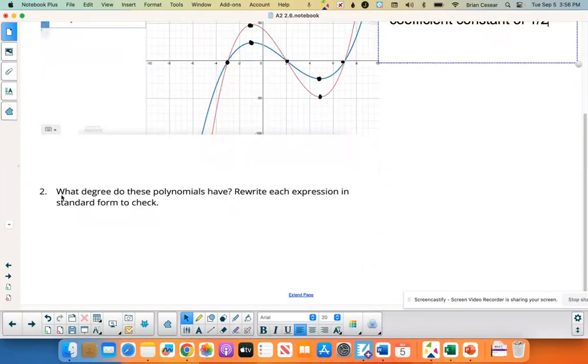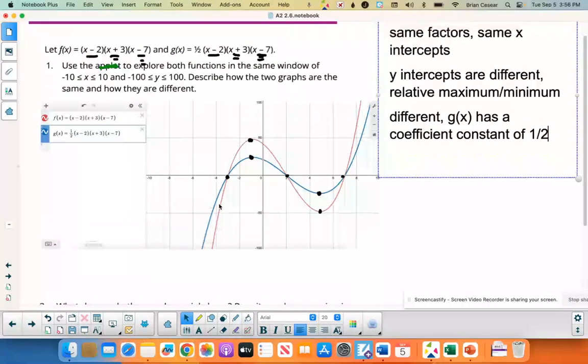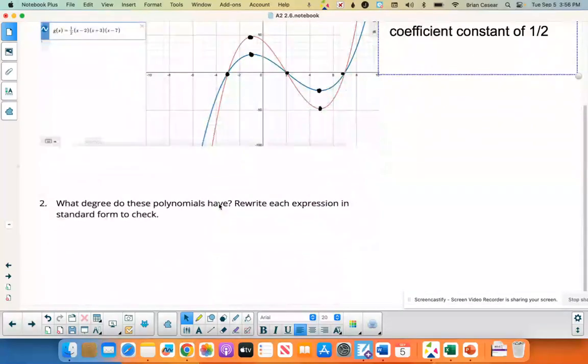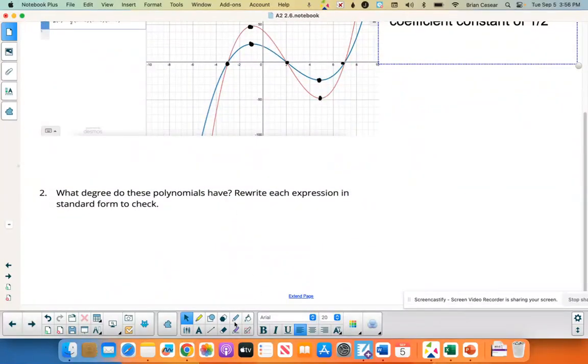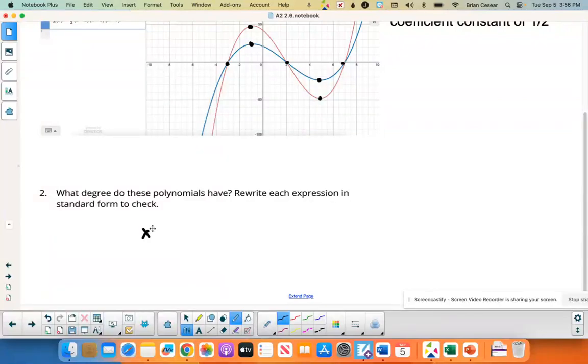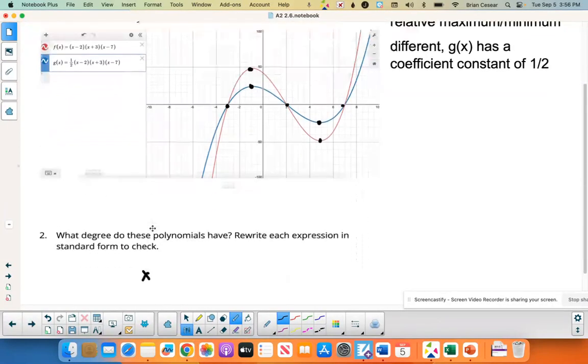Okay, so what degree do these polynomials have? Rewrite them in standard form to check. So I got to rewrite them both in standard form. The first one, x minus 2 times x plus 3 times x minus 7.